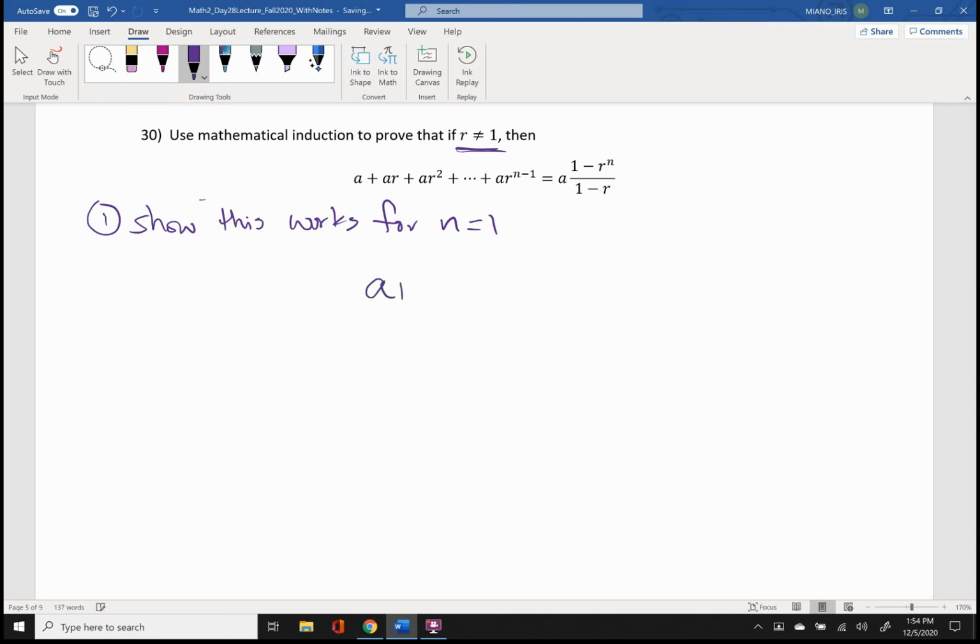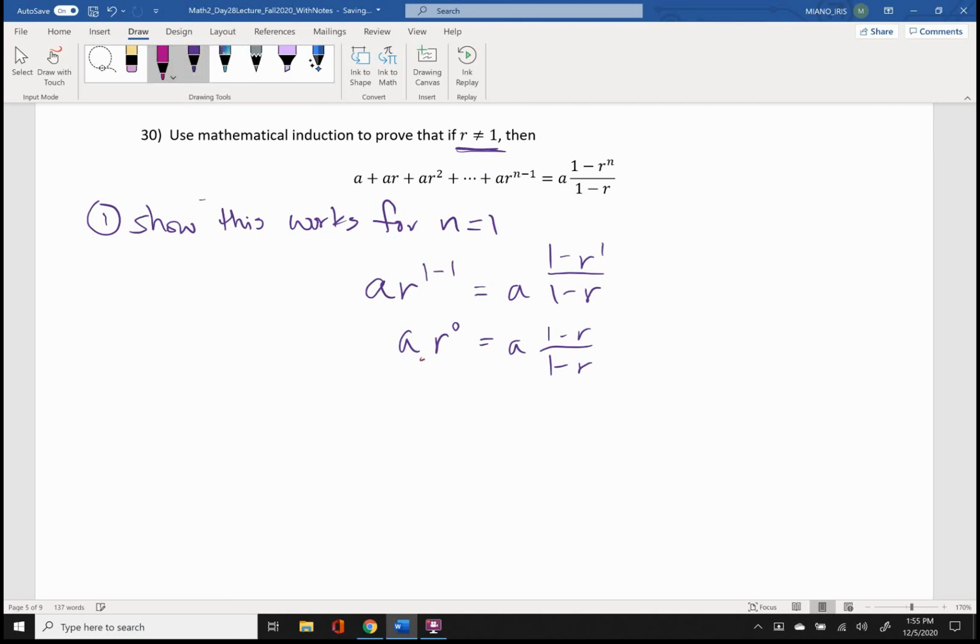That means you'll have a(r) to the 1 minus 1 power is equal to a times (1 minus r to the first) over (1 minus r). Okay, now 1 minus 1 is going to be a times r to the 0th power, and then this is going to be a times (1 minus r) over (1 minus r).